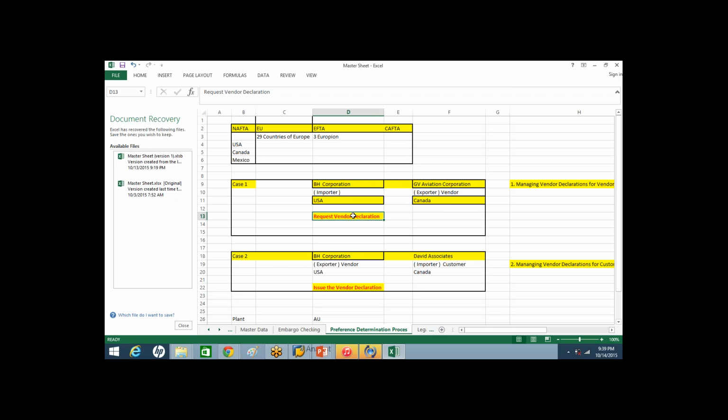In case two, let us say Bell Helicopters is exporting something. Like in case one it is importing something, that is okay. But in case two, Bell Helicopters is exporting something to the customer in Canada, in the same preference zone.